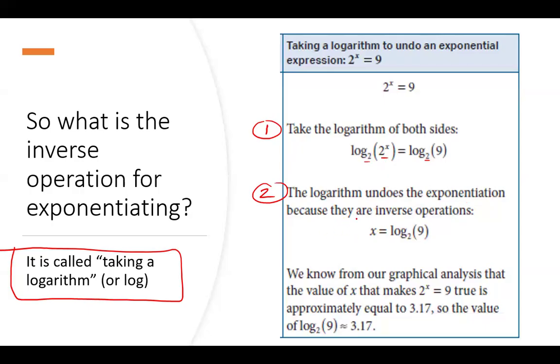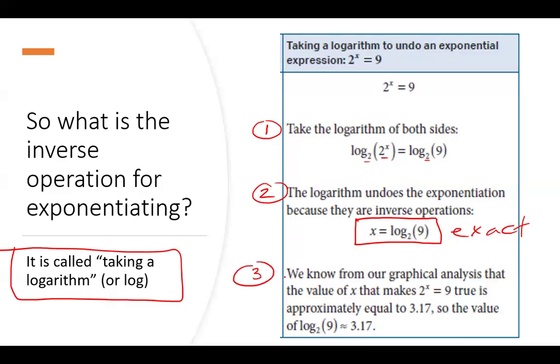And this right here is our exact answer, because the original problem was 9. So that's our exact answer: x = log base 2 of 9. Because we set it free, it's by itself.